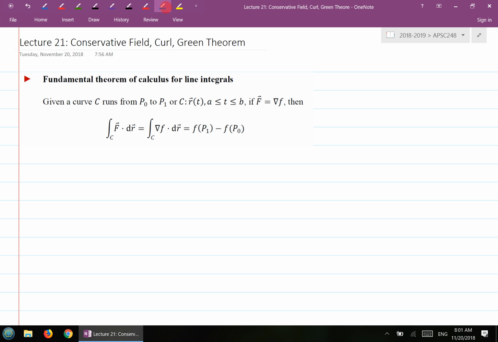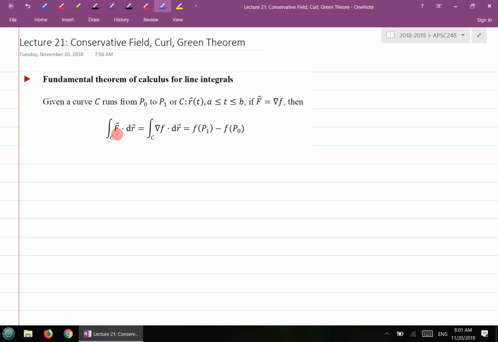What the theorem said, basically, is that if you're going to integrate a vector line integral within a certain vector field, and that vector field happens to be a gradient vector field, so this vector field is a very special field, produced by the calculation of the gradient of a scalar function f, then this particular field, if you recall, is called a conservative field.